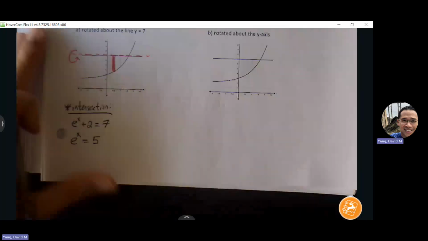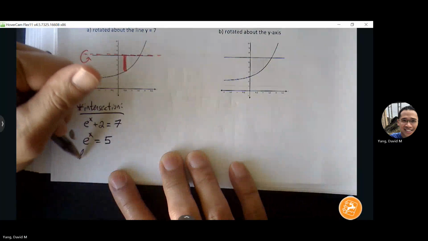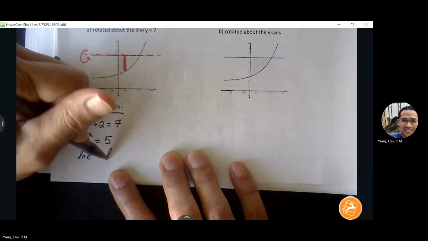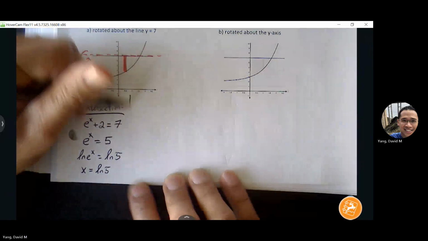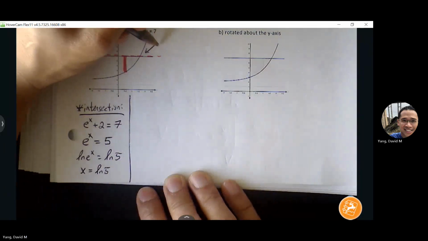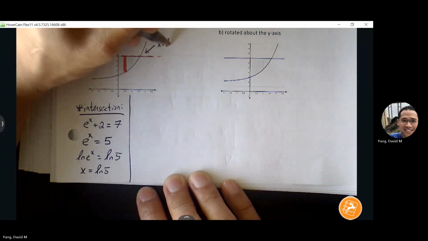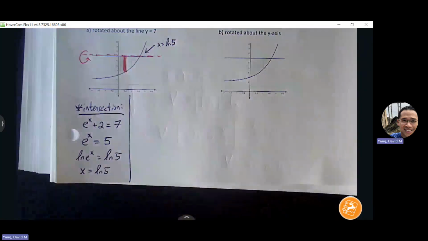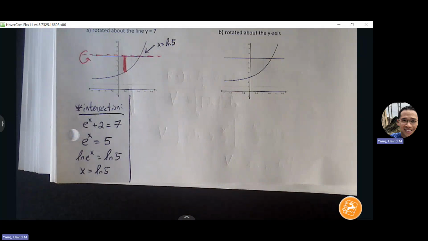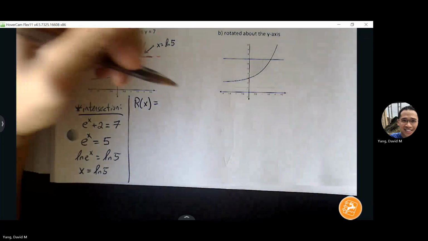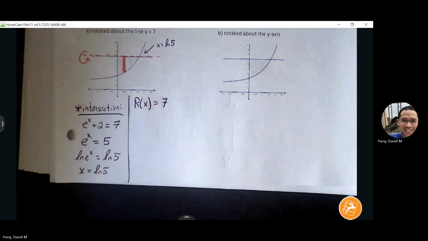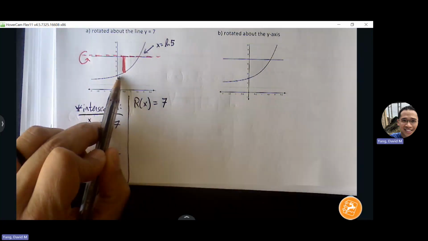And take the natural log of both sides to bring that x down. So my boundary goes from the furthest left is 0, the furthest right is that intersection of natural log of 5. Top minus bottom. Top is sitting at the 7, the bottom is sitting at the e to the x plus 2.